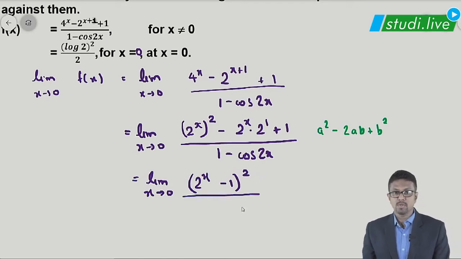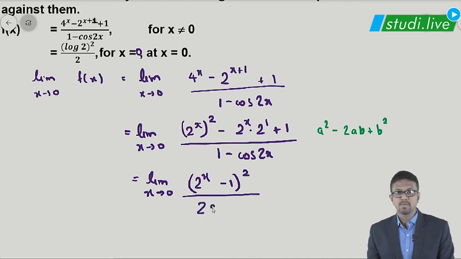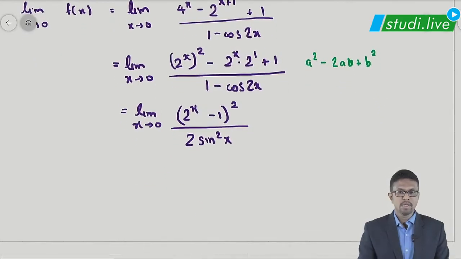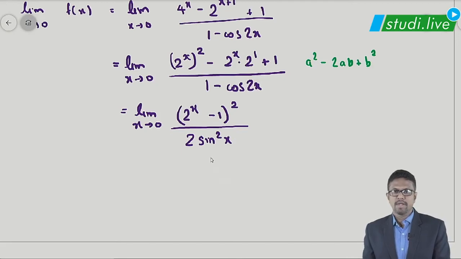So what is 1 minus cos 2 theta? That is 2 sine square x. So 1 minus cos 2x is 2 sine square x. What can we do? We can write it as 2 times, but for each of the terms like sine square x to be completed, I will require upon x. Sine x upon x is 1.